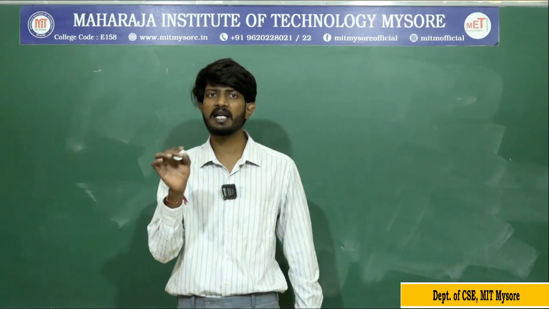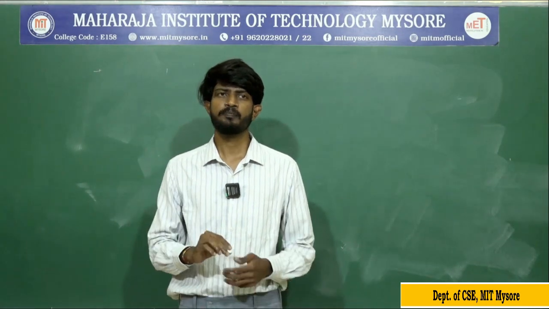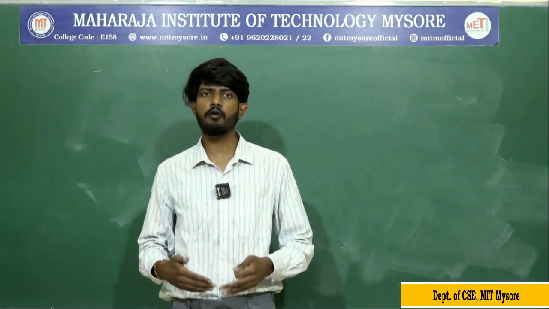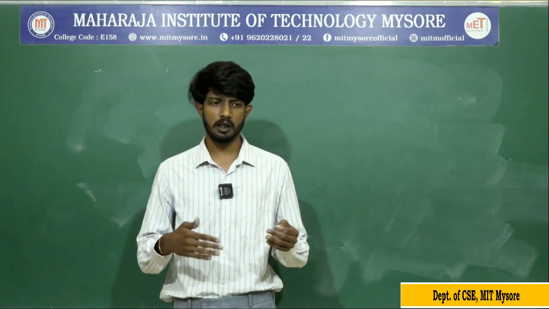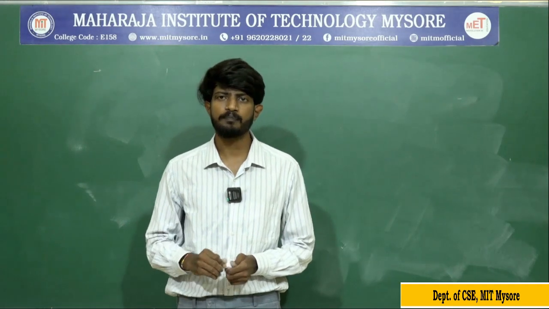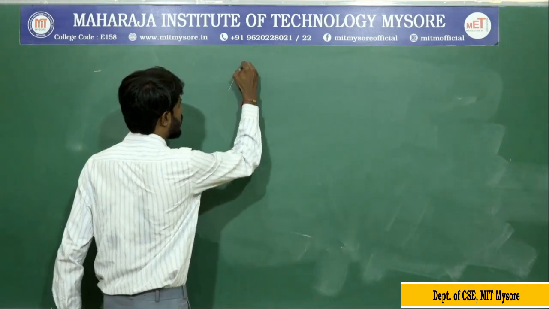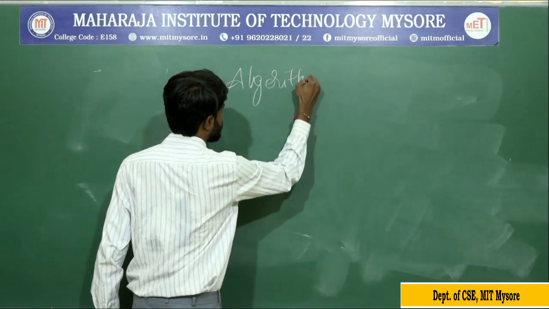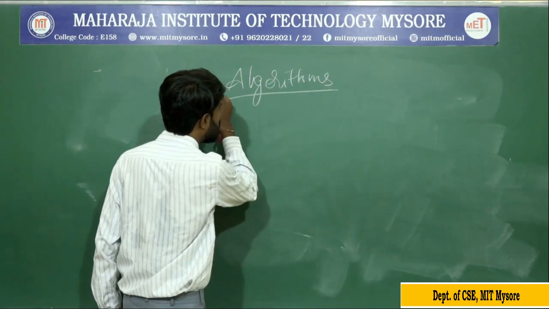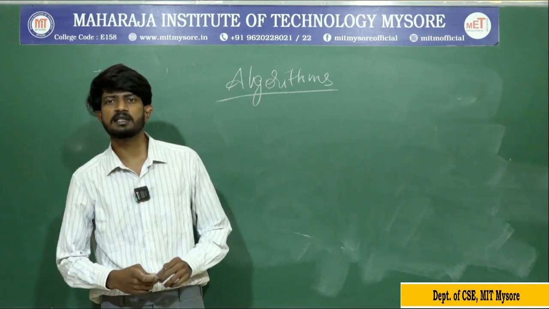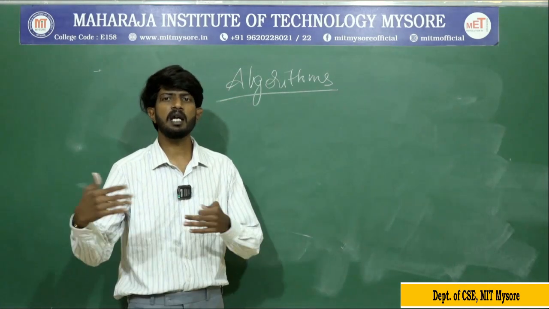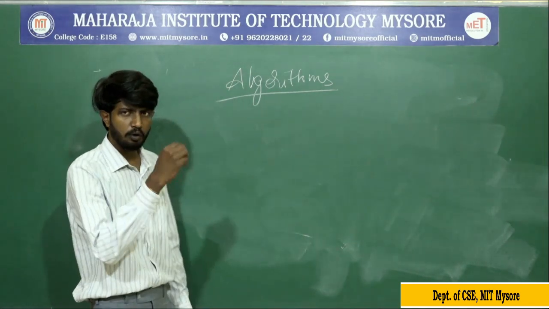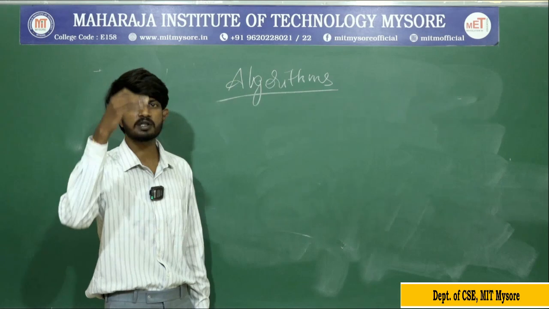In English, we write the overall flow or agenda of a program. So first is algorithms: English-like statements of a particular program or task. To write this, we need to follow some steps.